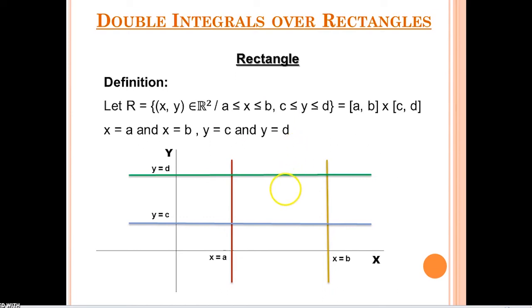As we have drawn this, you can see that this is a rectangular region.